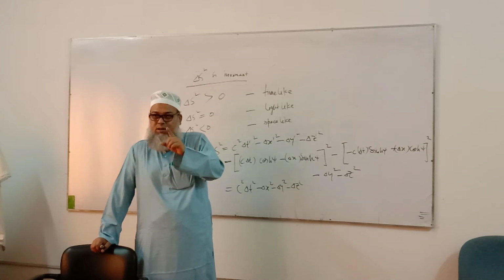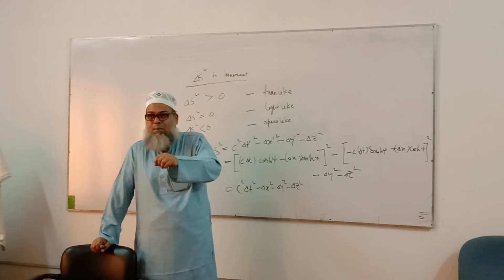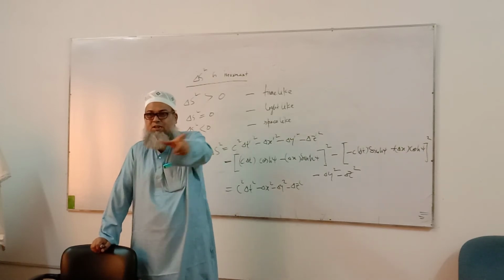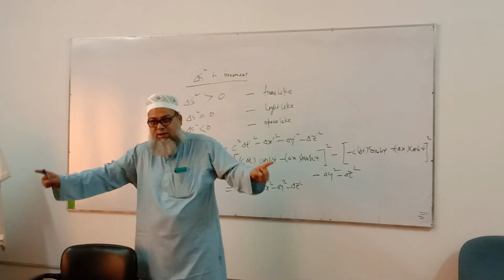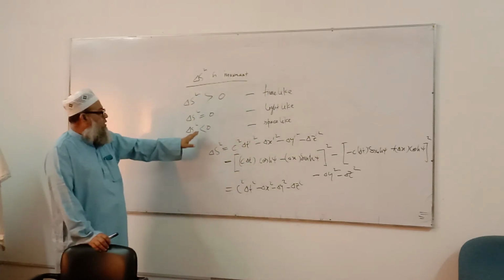The interval is only a space interval. The two events occur at the same time, but they are separated by space. One is here, one is here. They are happening at the same time. So that's why these three names.